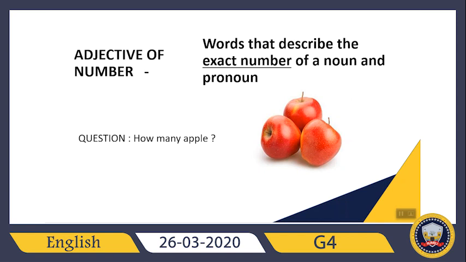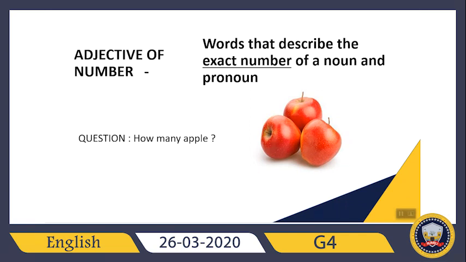Quantity. It doesn't give us the exact number, it only describes the quantity of a pronoun or a noun. But the adjective of number describes the exact number of a noun or a pronoun.